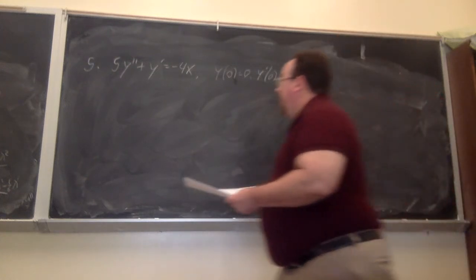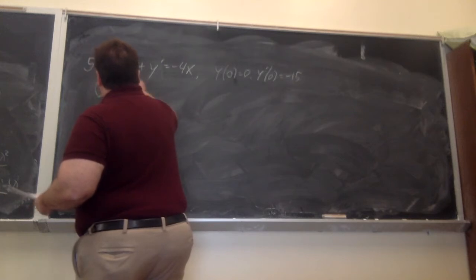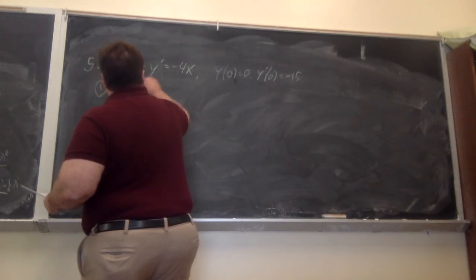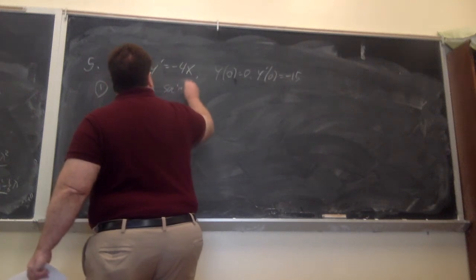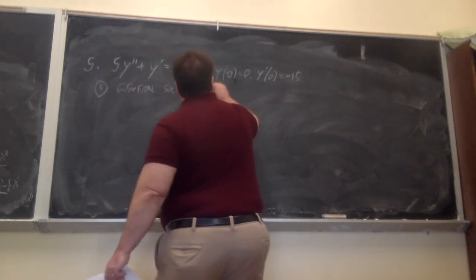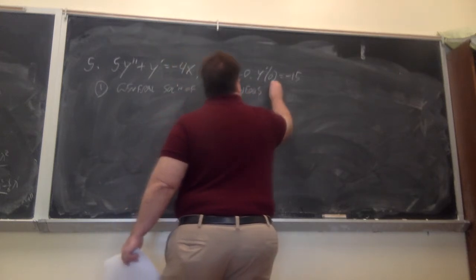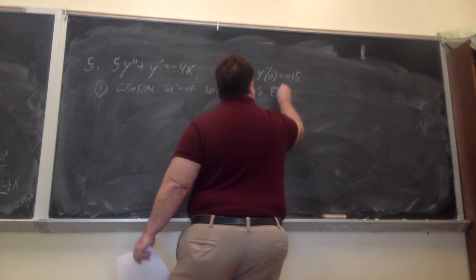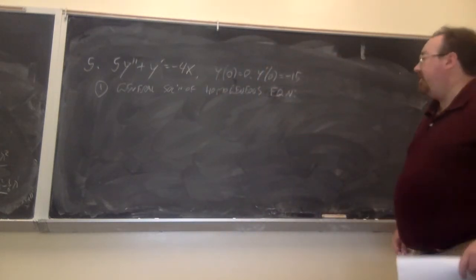Now, the first thing you do is what you were doing in the previous 3 problems: find the general solution of the homogeneous equation. So we temporarily set aside the right-hand side.